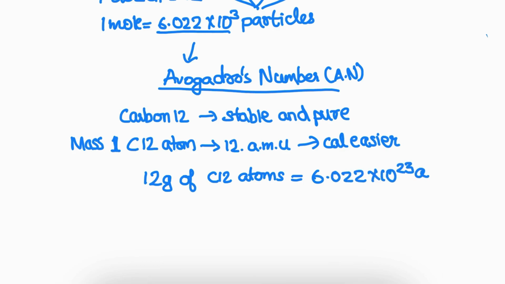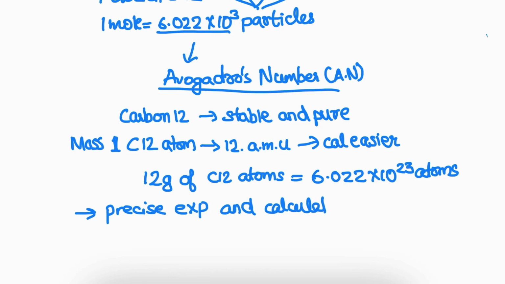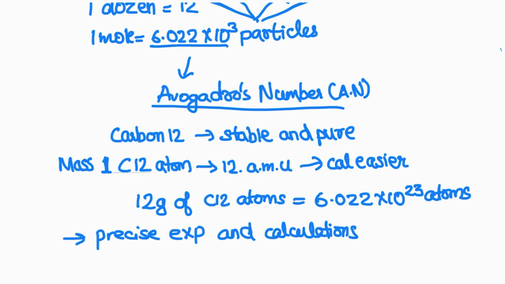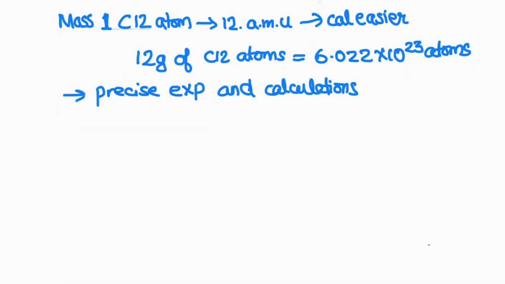They found out that 12 grams of C12 contains 6.022 × 10^23 atoms. How did they calculate this? They used a lot of precise experiments and calculations like charge to mass ratio, X-ray crystallography, and many other experiments to come to this conclusion.